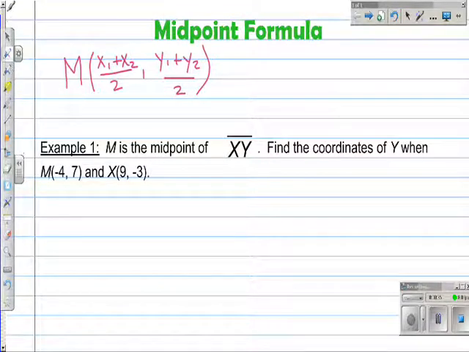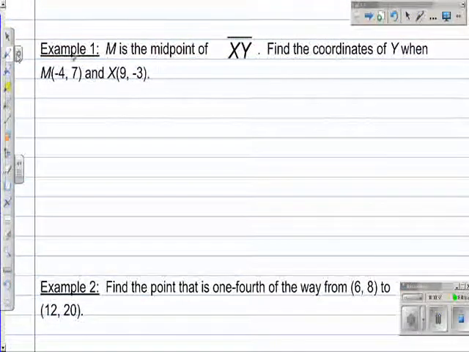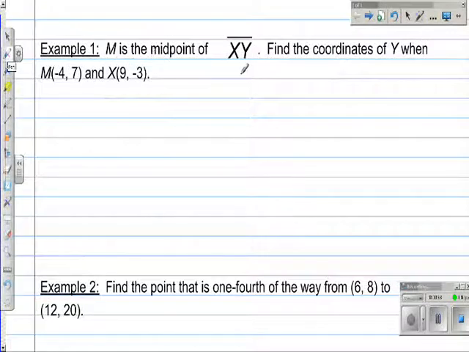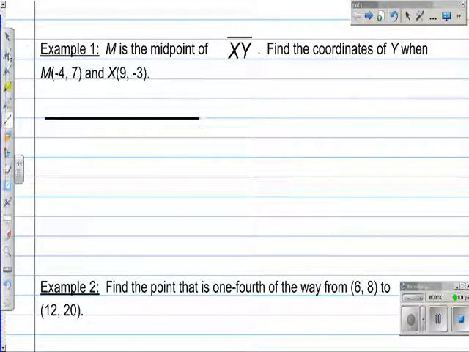So for our first problem here, you're told M is the midpoint of XY. Find the coordinates of Y when M is negative 4, 7, and X is 9, negative 3. So the first thing you'll want to do is go ahead and draw that line segment. So if we have a line segment and we label this X, this Y, and then we have our midpoint in the middle.